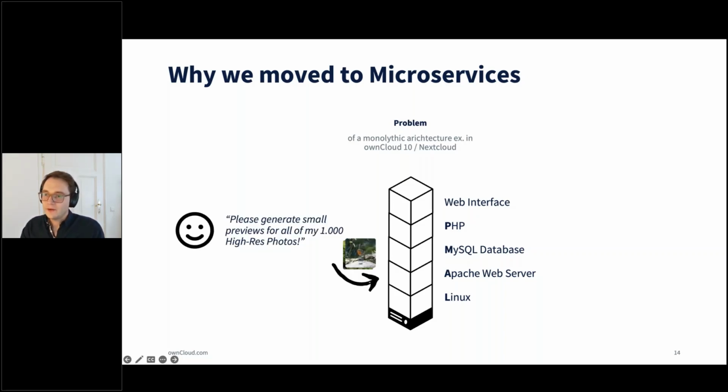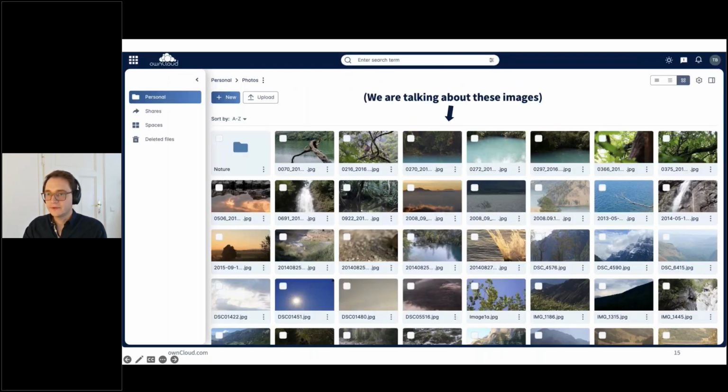One of the problems that could appear now is that a user uploads somewhat 1000 high resolution photos and wants to see small preview images in an overview. So we are talking about these images here. These need to be generated. These are small copies of the original images.